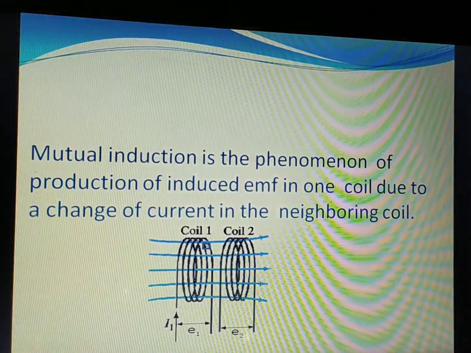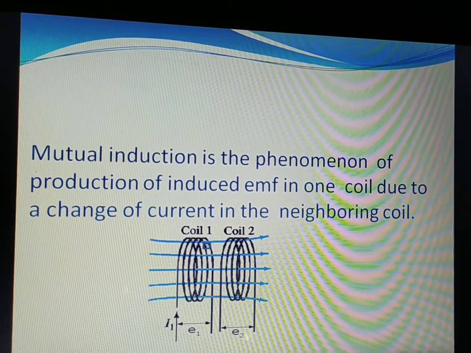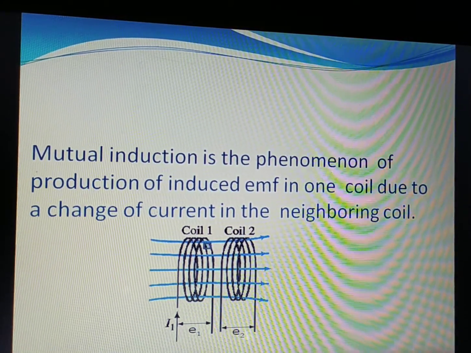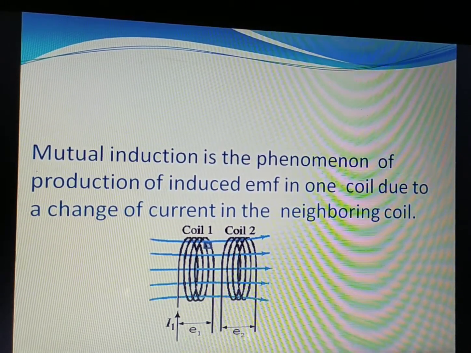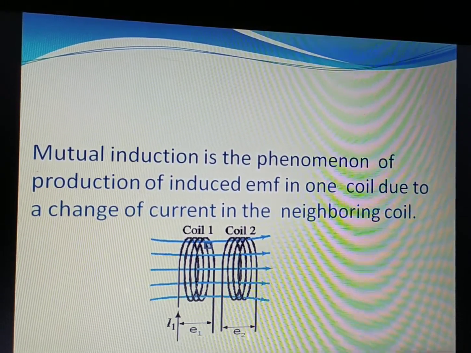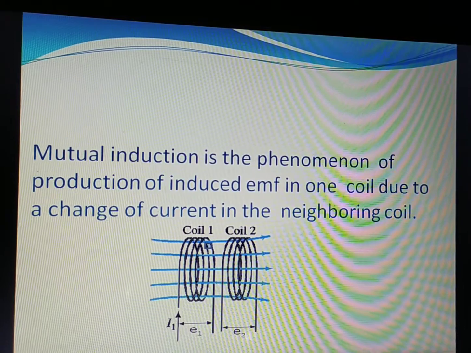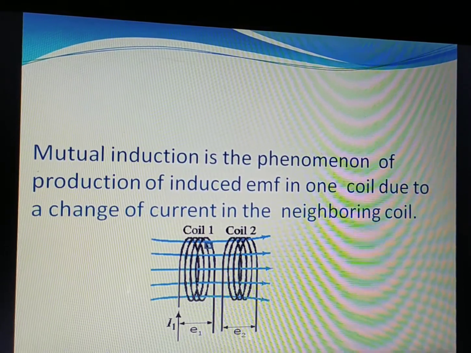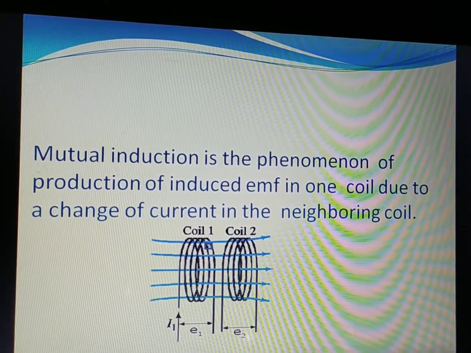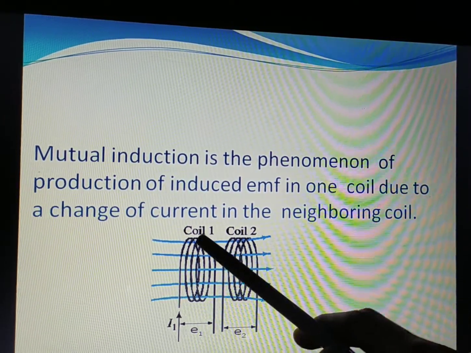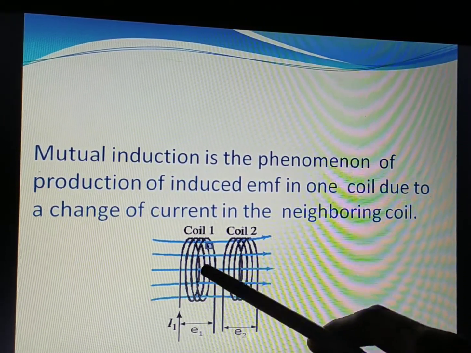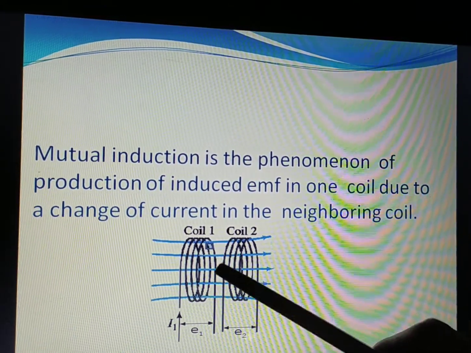First of all, let us discuss what mutual induction is. It is the phenomenon of production of induced EMF in the second coil due to change of current in the first coil or in the neighboring coil. As you can see here, this is coil number 1, this is the second coil, and there is a change in current linked with coil 1.